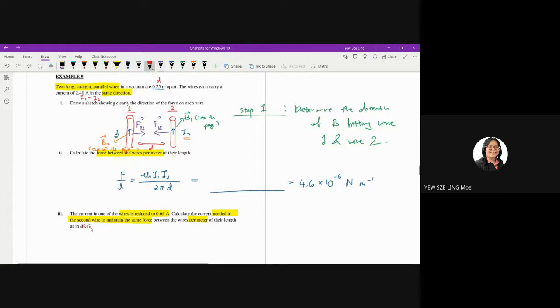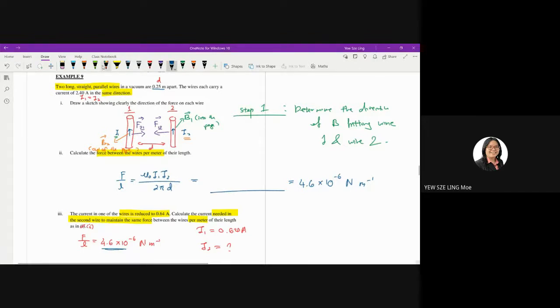So you want to maintain the same F over L, which is 4.6 times 10 to the power of negative 6 N m^-1. Now you have I1 equals 0.64 ampere, I2 is unknown. That is what you want to find: the current needed in order to maintain this value.